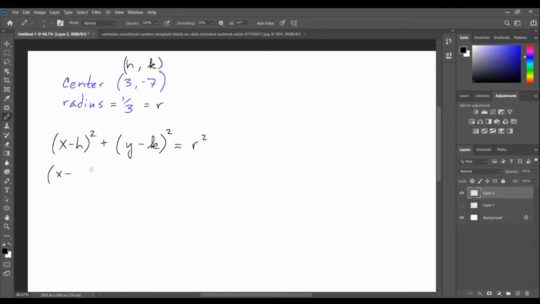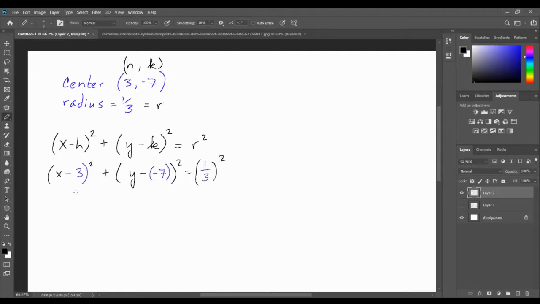So I've got x minus the h, which is the 3, squared plus y minus the k, and k is -7, and that's squared, equals the r, which is 1/3, and that is squared.